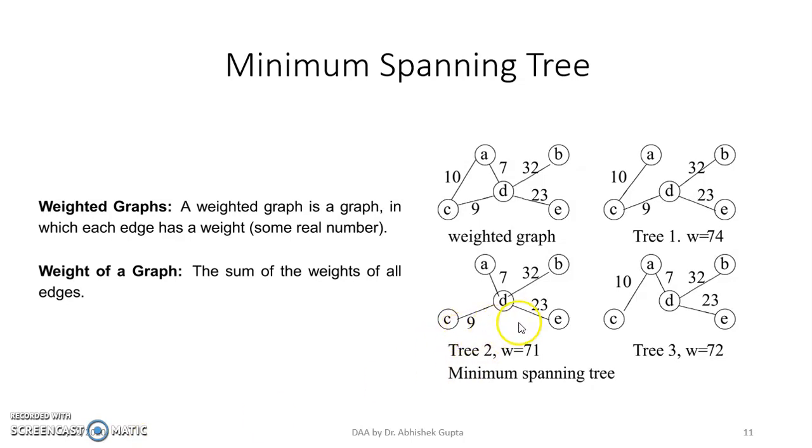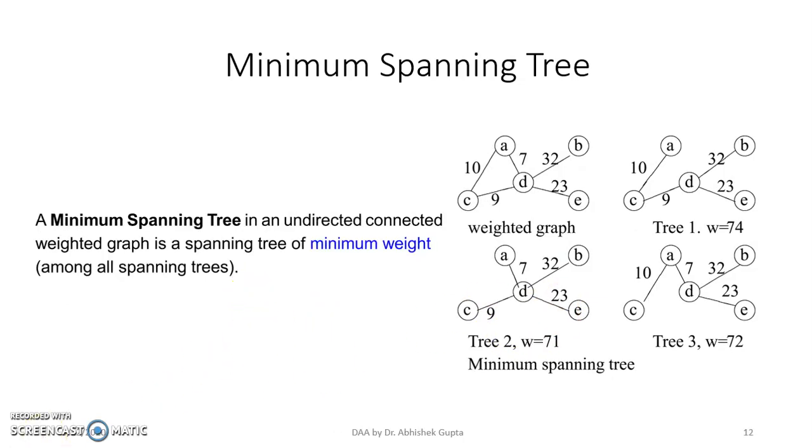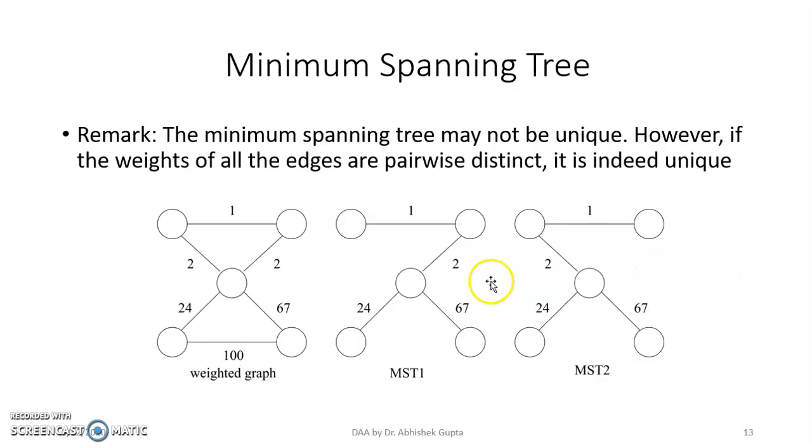So in this way, I can consider any tree which is having a minimum weight. That is a minimum spanning tree. Here in this example, tree 2 can be called the minimum spanning tree because the cost of this tree is the minimum among the possible trees developed from this weighted graph, right? So that's why this is the minimum spanning tree.